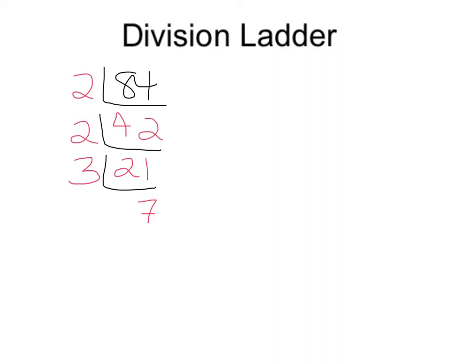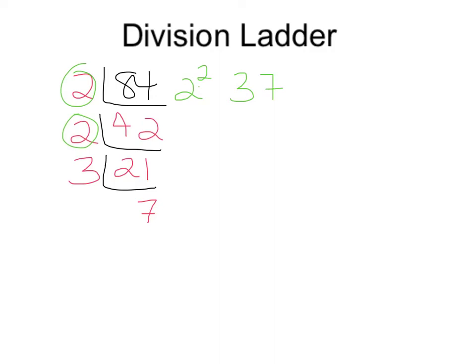The way you would write this would be 2 squared, because we have 2 2's, then 1 3, and 1 7.